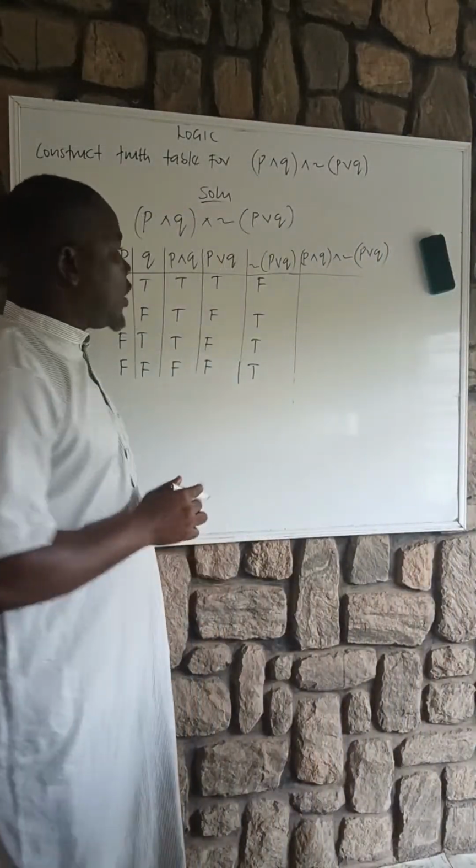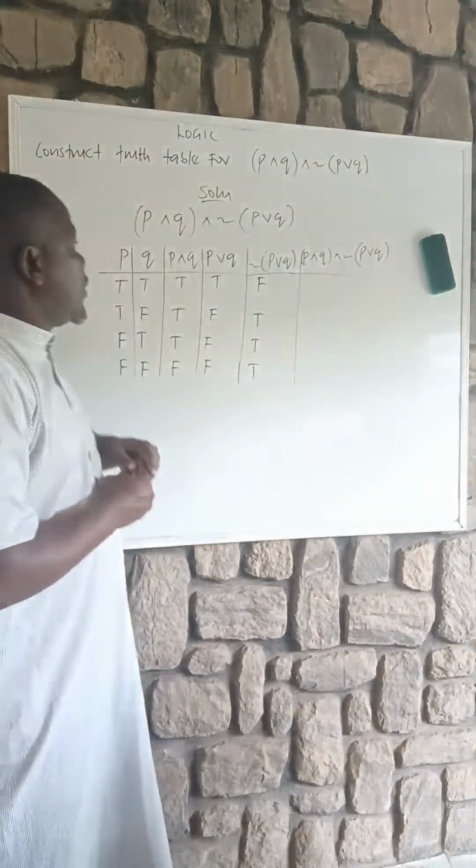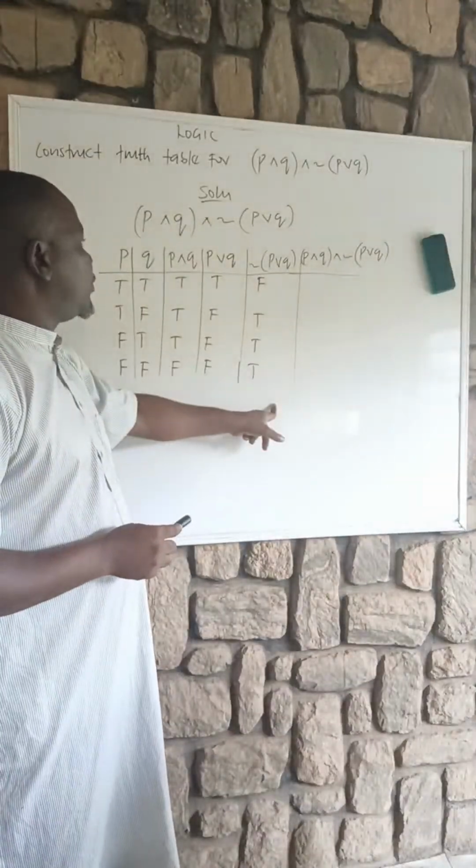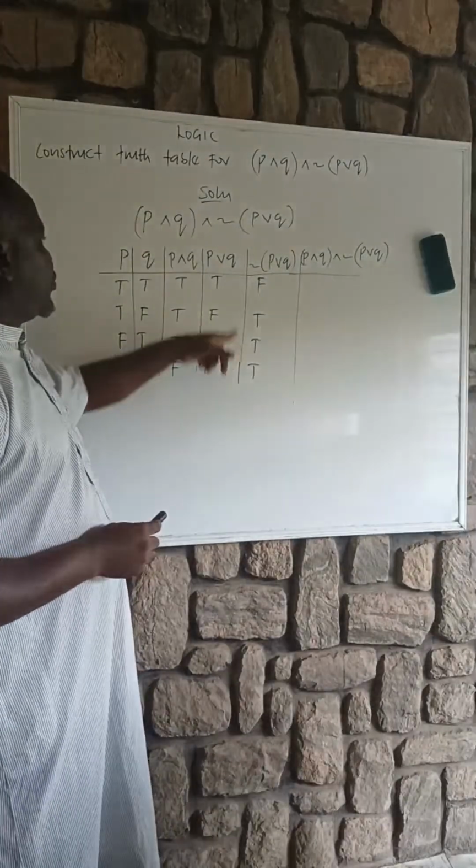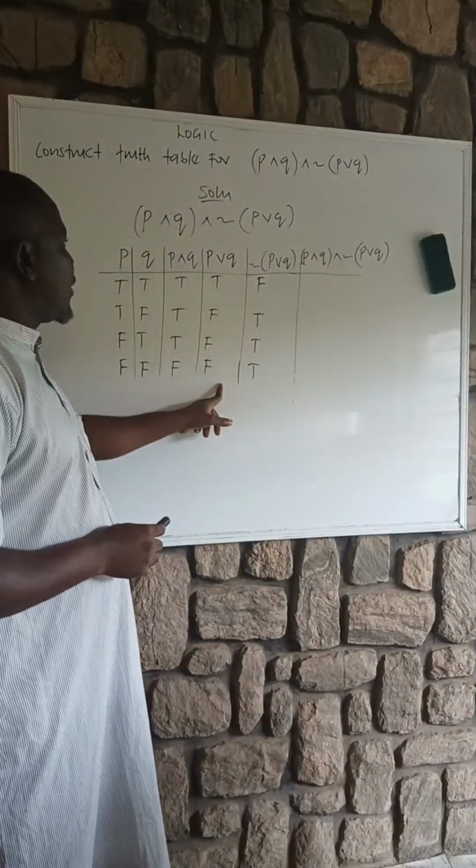It means what we are going to consider is this row and this row. Amen? Amen.